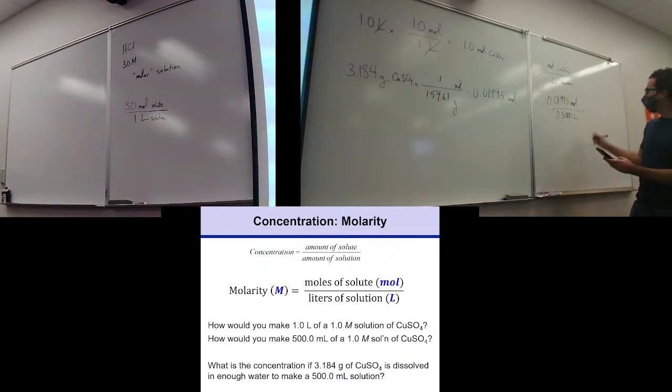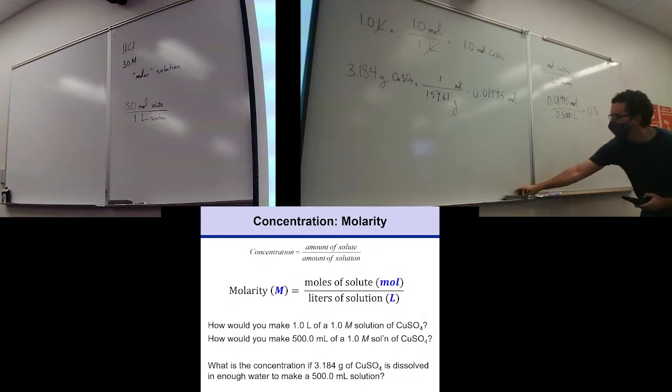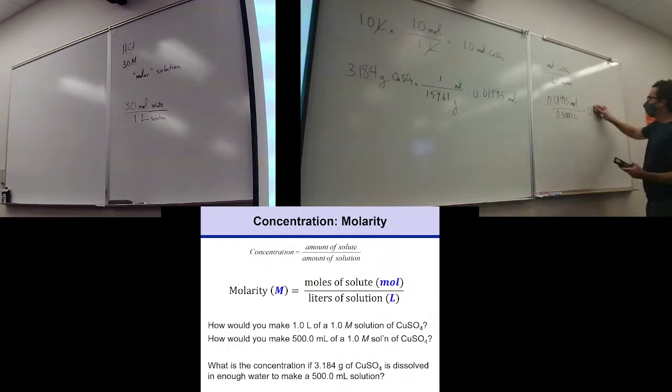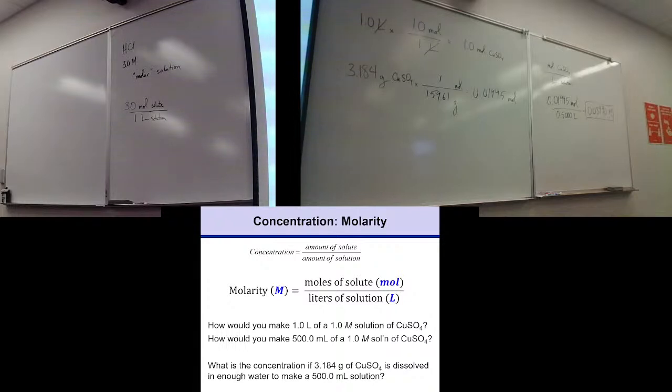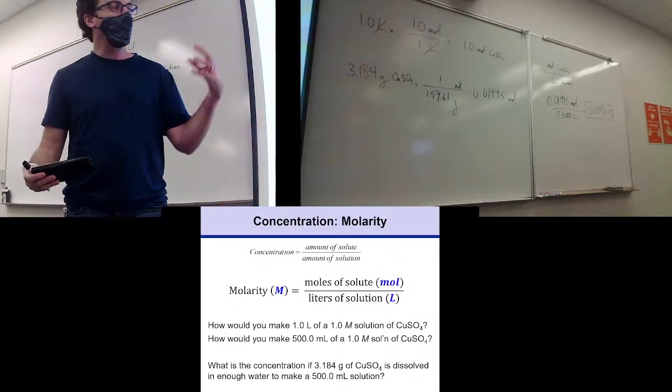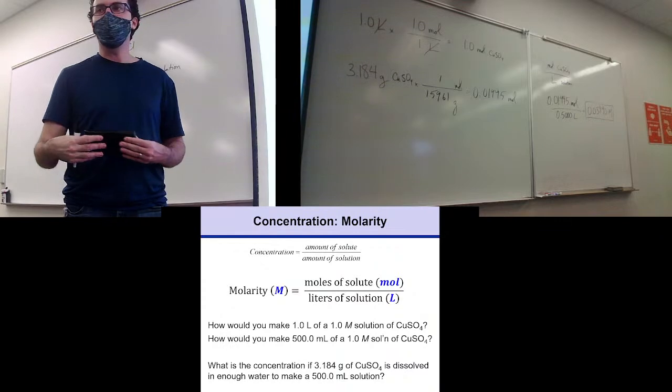So the concentration of this solution is going to be 0.039897. So with 4 sig figs, 0.03990 molar, if I round it properly. So that's the concentration of this solution that I just made by dissolving this 3 point something grams of copper sulfate in enough water to make 500 milliliters of solution.